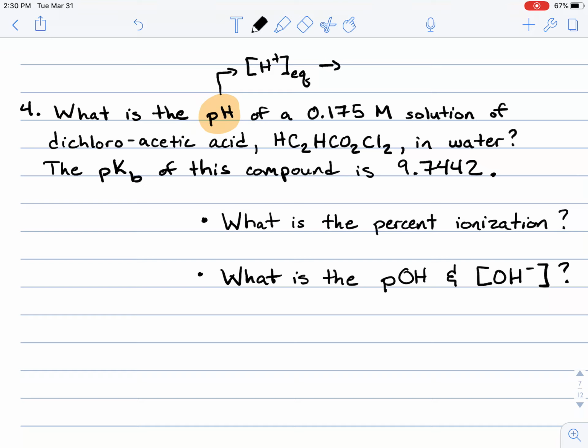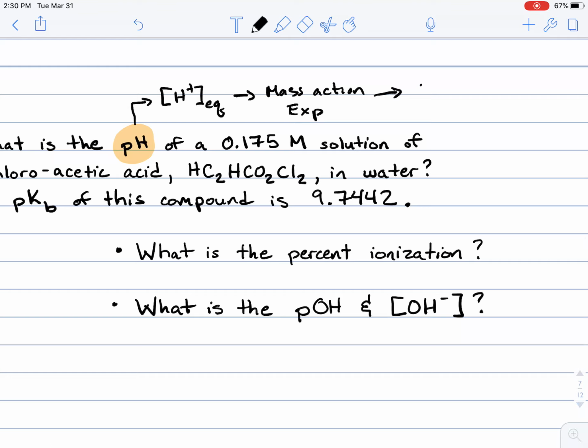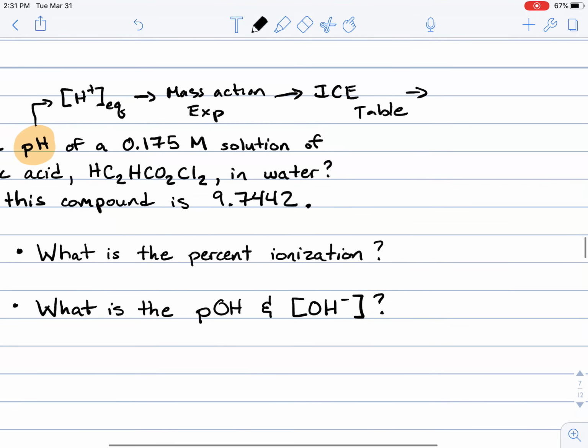And the way that we can do that is by writing the mass action expression. For us to write the mass action expression, we need the ICE table. And for us to write an ICE table, we need a balanced chemical equation.